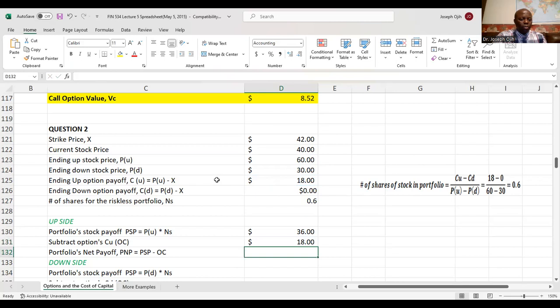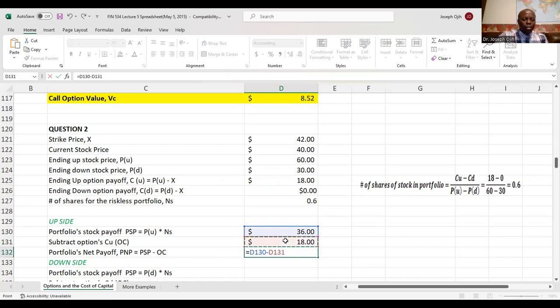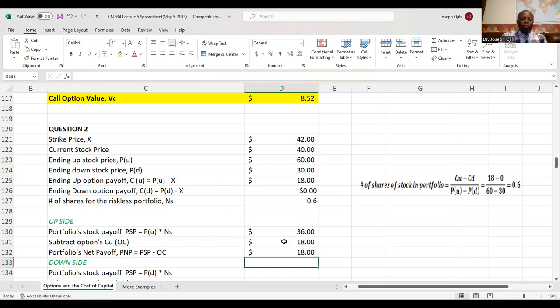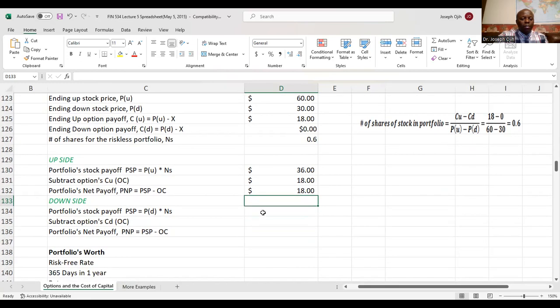Okay, CU. So the portfolio net payoff becomes the portfolio stock payoff minus the ending up option payoff. That's $18. Then on the downside, we'll repeat the same thing.